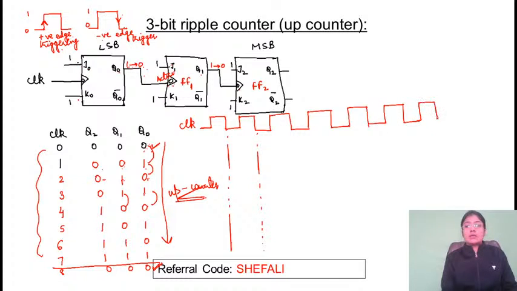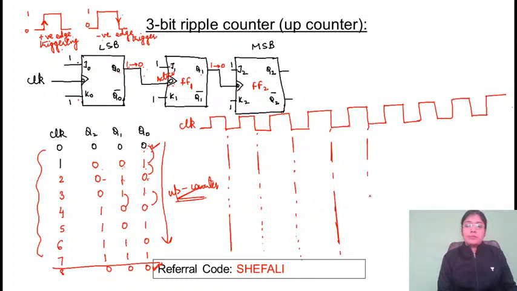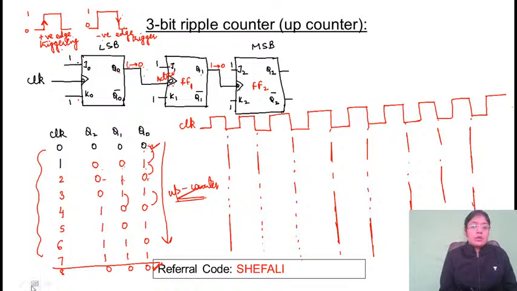Clock 6. We have clock 7, clock 8 and so on. This is one clock. Okay. So let us erase this.